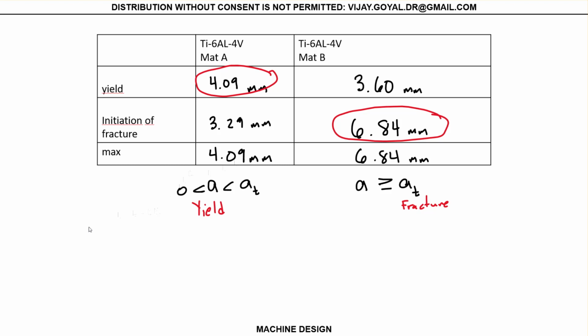So the material selection should be the following: use the Ti-6Al-4V that has a mode 1 fracture toughness of 115 megapascals square root of m and a tensile yield strength of 55 megapascals.